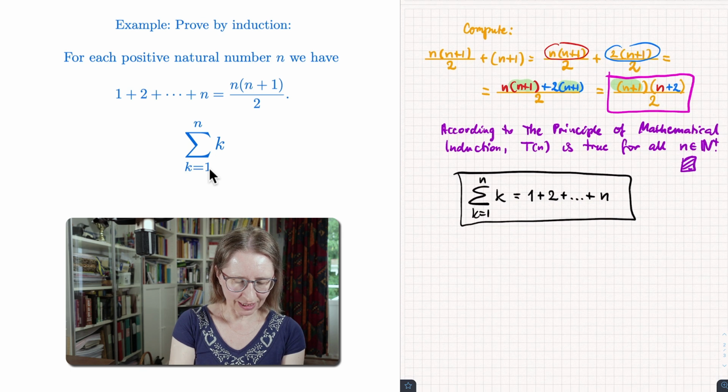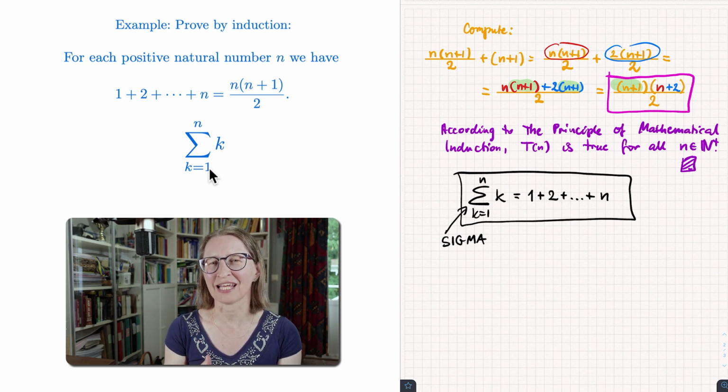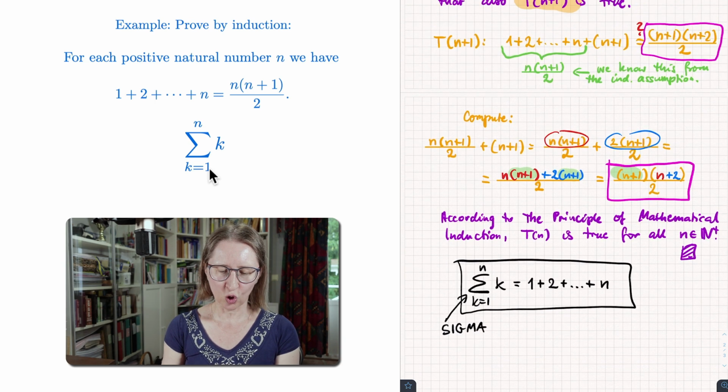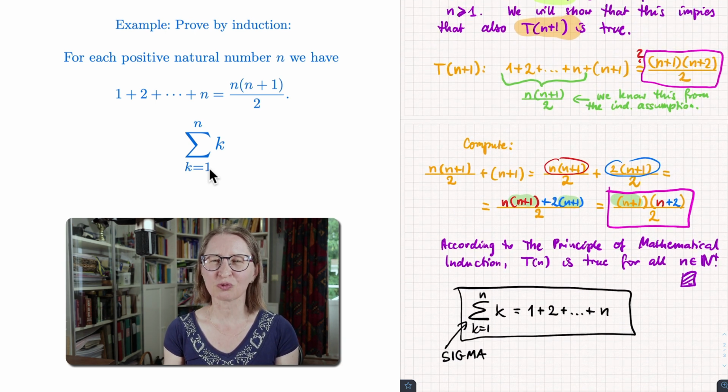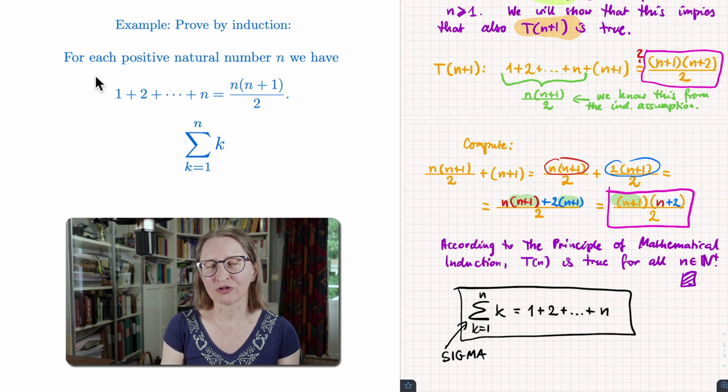So this is just a Greek letter sigma, and it is a short notation for a sum. Okay, so now you have seen your first proof by induction, and by this you have the formula for the sum of natural numbers from 1 to n. You know that this sum is expressed in this way.